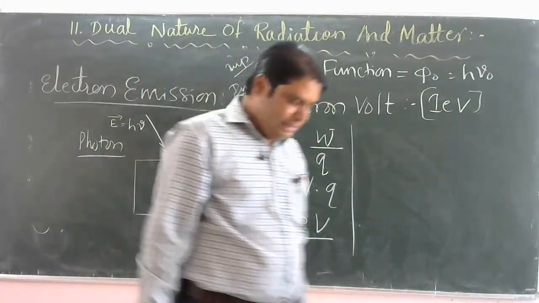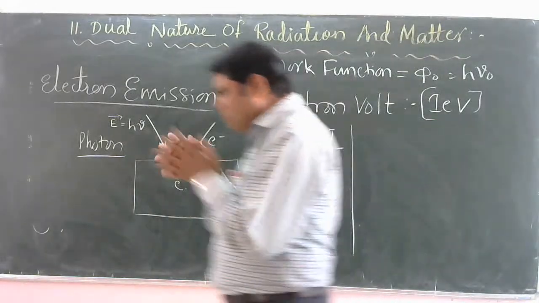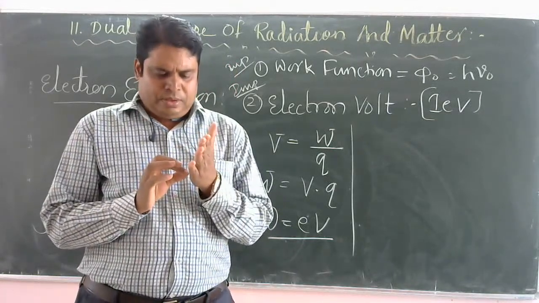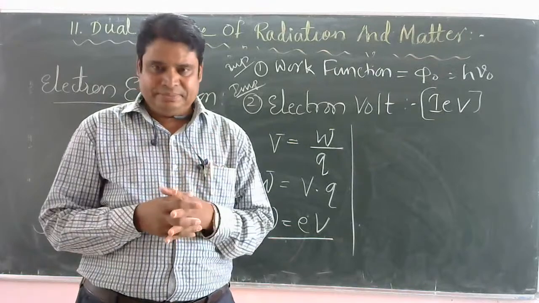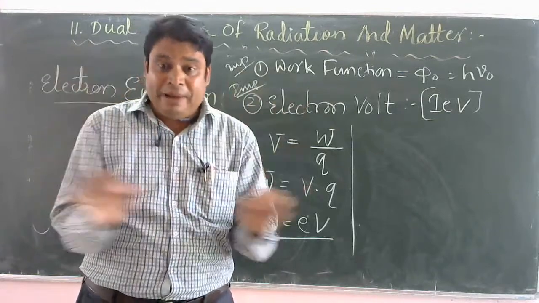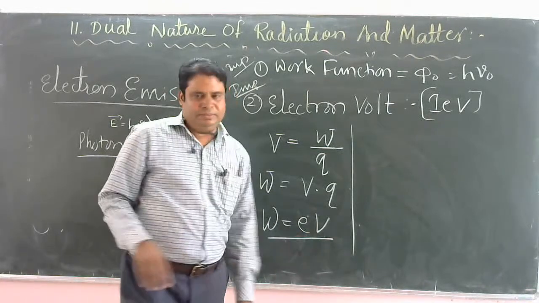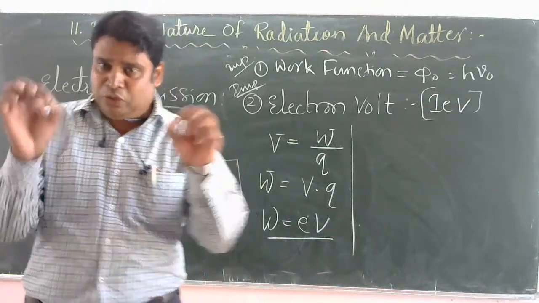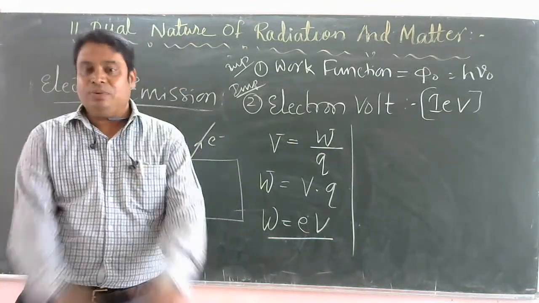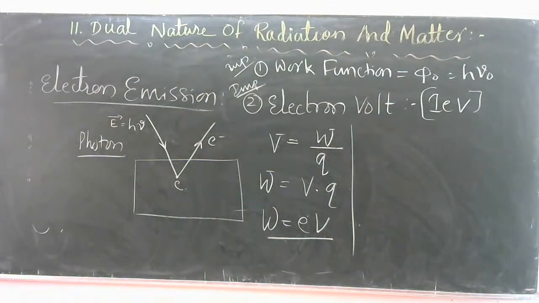When the potential difference between two terminals is 1 volt, the energy acquired by an electron is called electron volt.